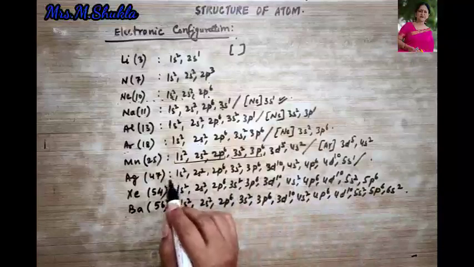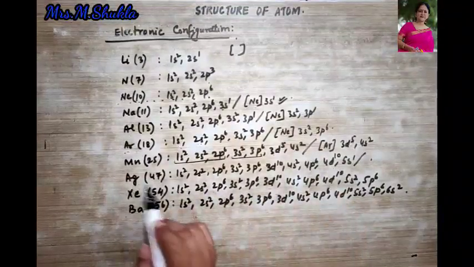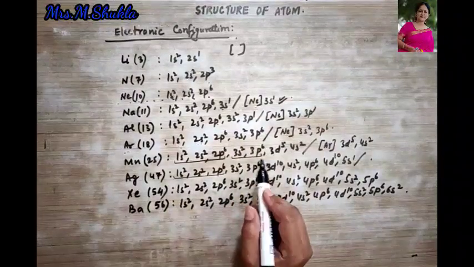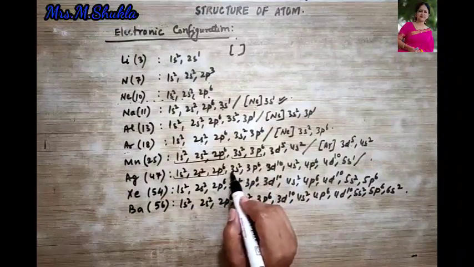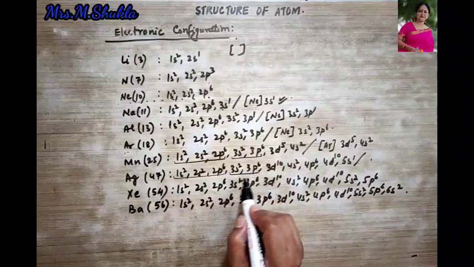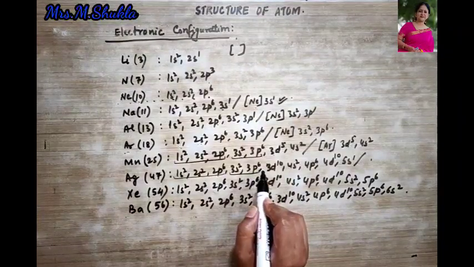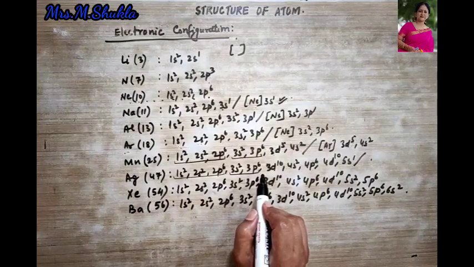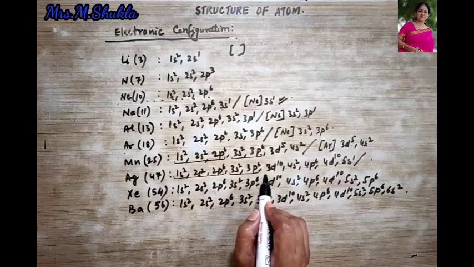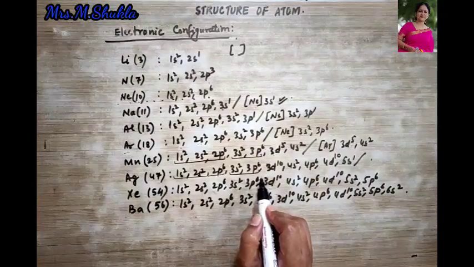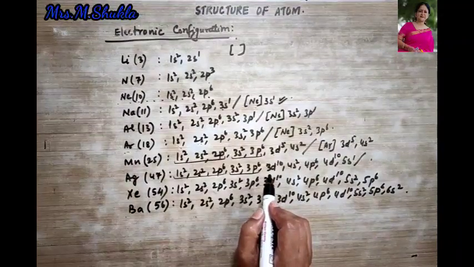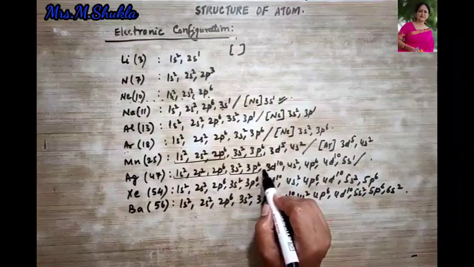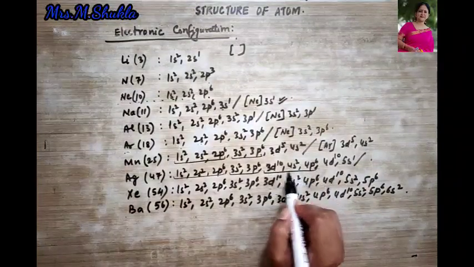Clear? Look over here for silver. This is what? Neon. Okay. Till 3p6, what is this? This is your argon. Now further, now look at this till here.